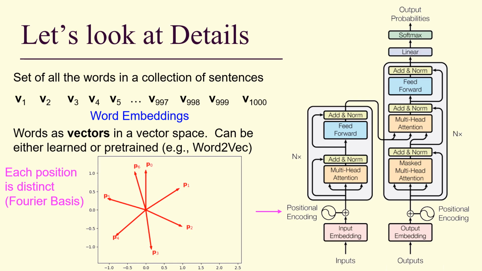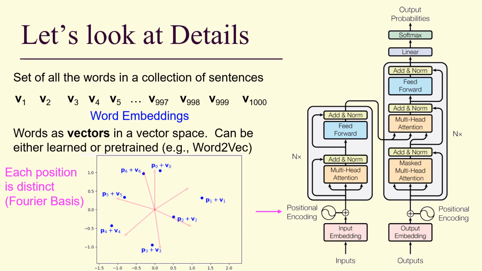We're using what's called a Fourier basis, and we can add the word embeddings to the positional encodings, and we get a set of points that are somewhat like perturbations of our actual positional encodings. We've retained the information from the word embeddings, but we have a distinct position for each word. In other words, we've encoded both the word embeddings and the sequence structure of the sentence.